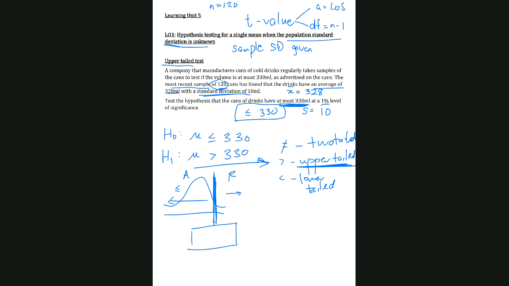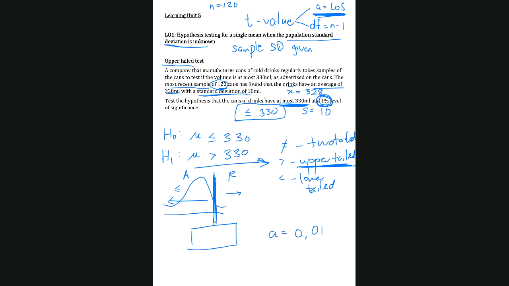This is where the t-value comes into this section. We then need to determine the t-value by looking at what our level of significance is. Like I said at the top, your level of significance, they said to you, was 1%. So alpha is equal to, you convert that to a decimal, 0.01.